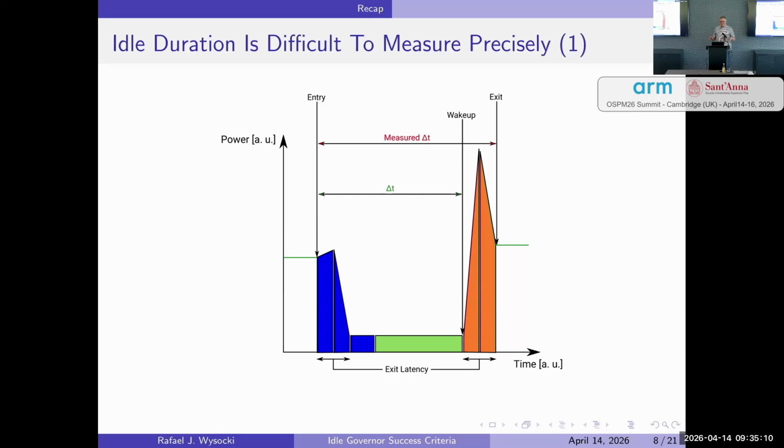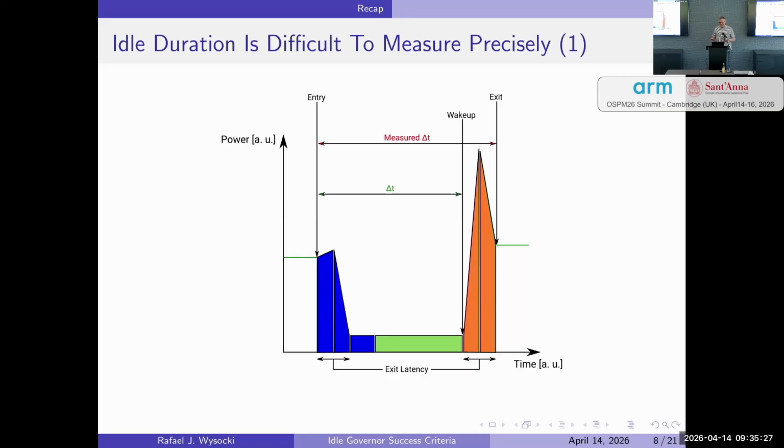And because the number we know is the worst case exit latency, this is not the exit latency that's included in that number, because the exit latency is most of the time shorter than the worst case. I would say it's almost never the worst case.